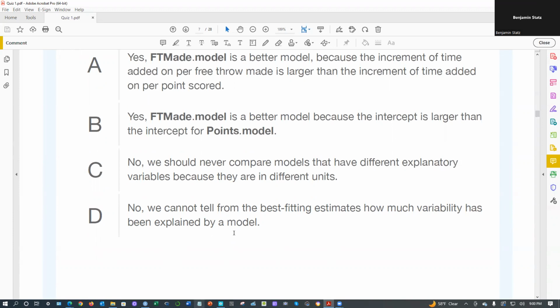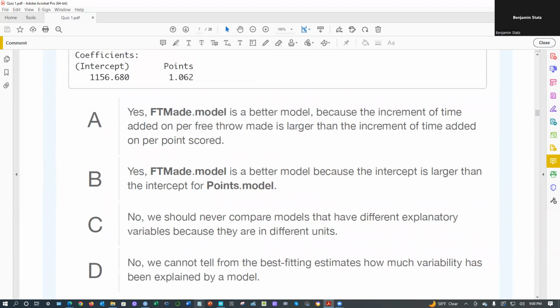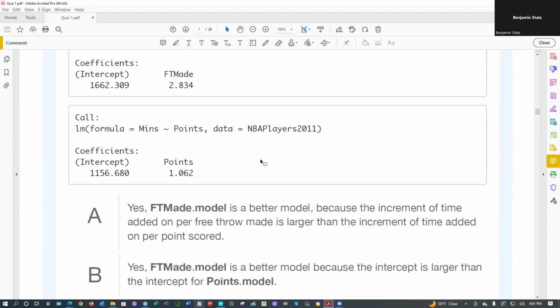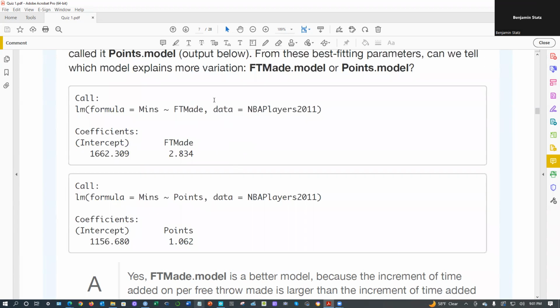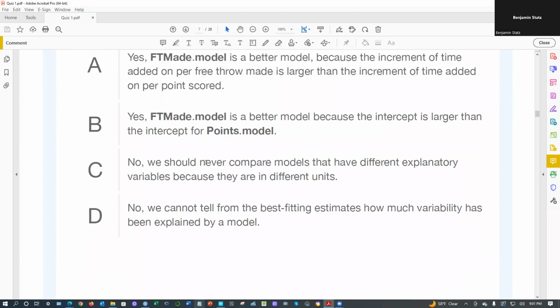You need the ANOVA table, a separate ANOVA table for each, and by looking at their sum of squared regression and sum of squared errors, then you can explain that.